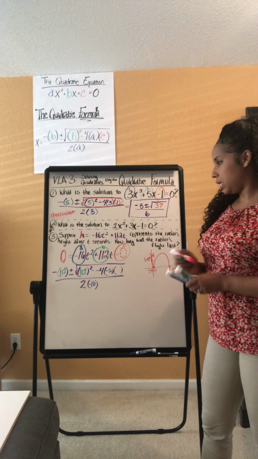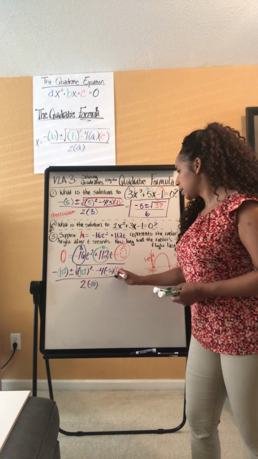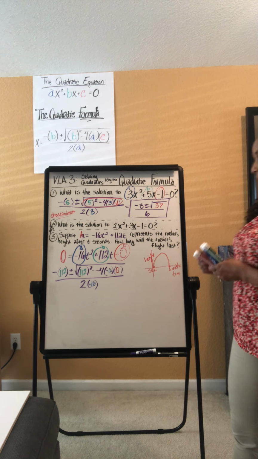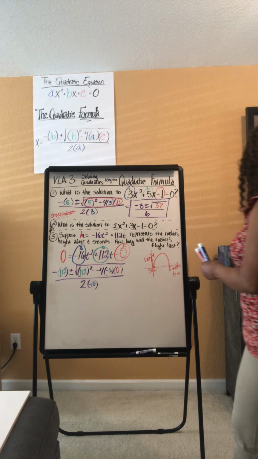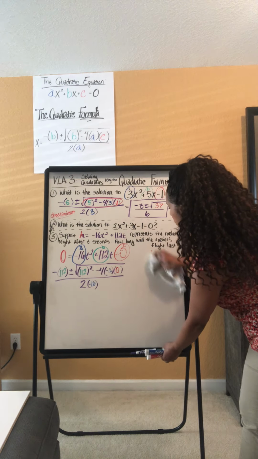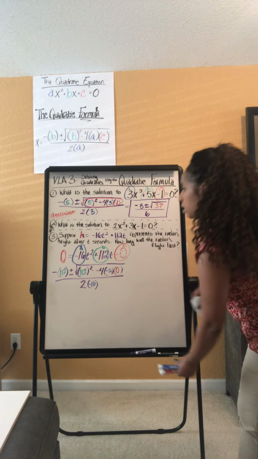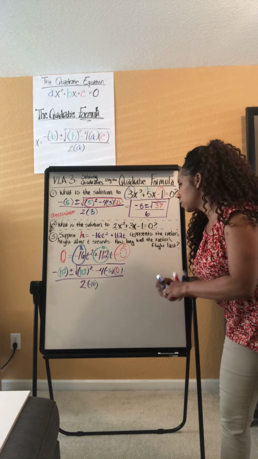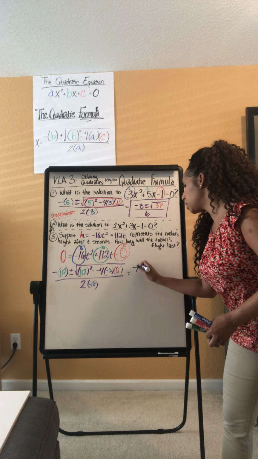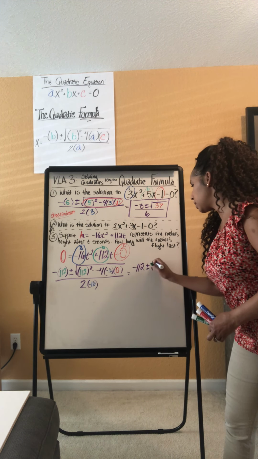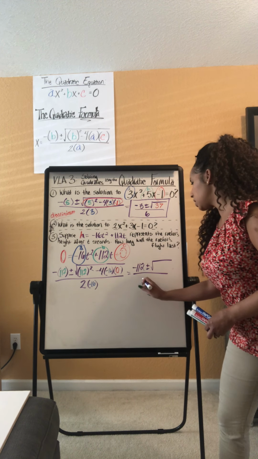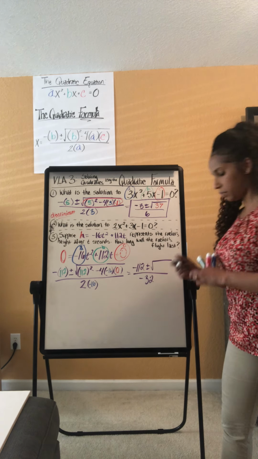And then 1 c, and my c is the number 0. Okay, so what is this going to do? I have a negative of 112, so negative 112 plus or minus the square root of something all over 2 times negative 16, which is negative 32.